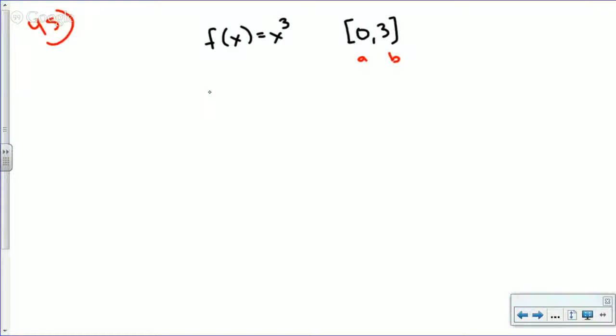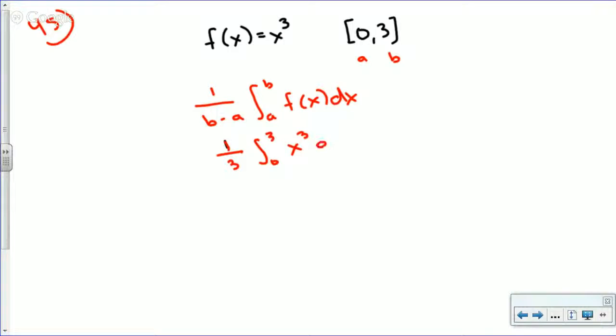Remember, our formula for average value is 1 over b minus a times the integral from a to b of f of x dx. Step 1, step 2. Okay, so b minus a is 3 minus 0, so that'll be 3. Integral from 0 to 3 of x cubed dx, right?